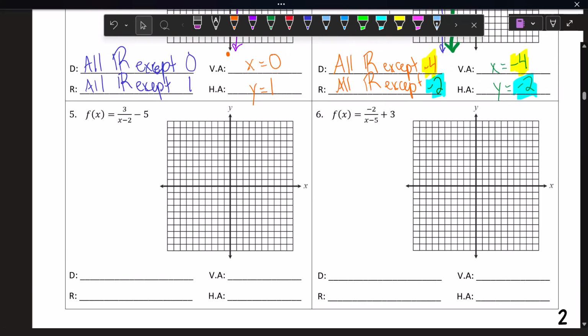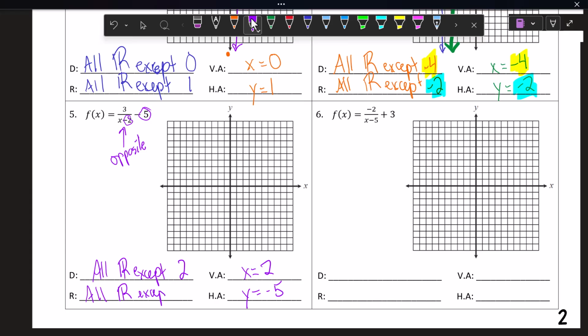All right. Vertical asymptote, x equals 2, y equals -5. Again, just from here and here. But this is the opposite. So we got all reals except +2, and our range is all reals except -5.